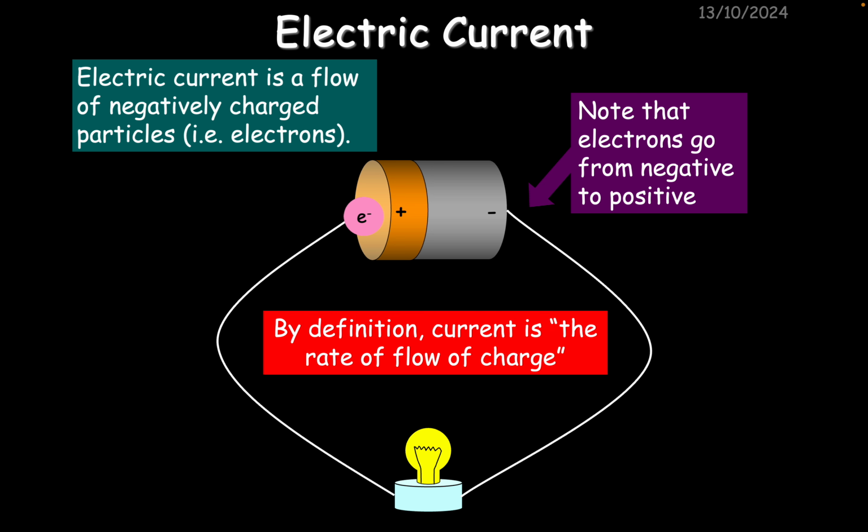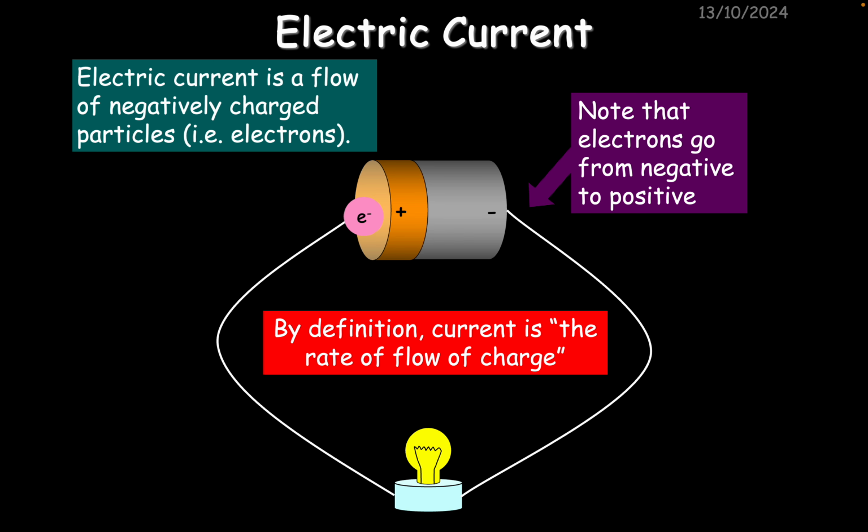But when you want to define what an electric current is in words, you've got to say it's the rate of flow of charge, because obviously if you have more batteries, you're having a bigger voltage attracting the electrons, so they actually can increase the current through the wires. So you've got to always make sure you say current is the rate of flow of charge, not just the flow of charge, okay?